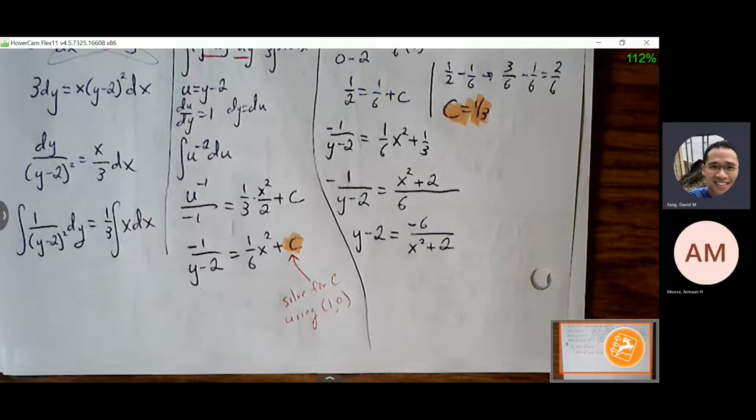It's the same thing, right? 2x squared plus 1.